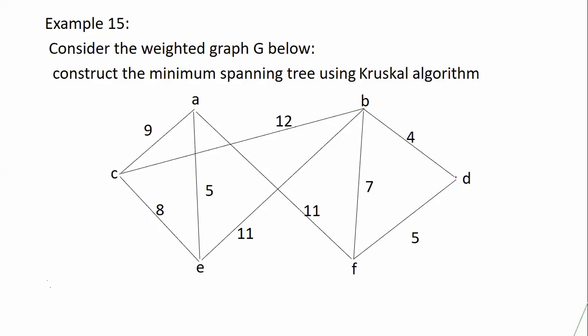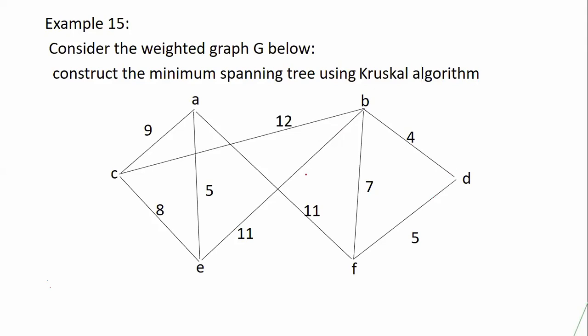Now from BD, at the ends of BD, we look out for the adjacent vertices to all of them and pick the least weight among them and join it to the edge BD. So here we have the weights 12, 11, 7 for B. Now for D, we have 5.